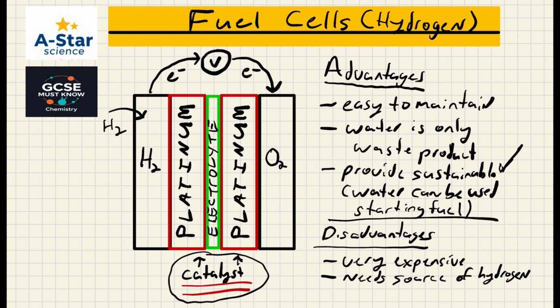So the fact that it needs a source of hydrogen is another disadvantage. And finally, hydrogen is very flammable and can be quite explosive. So that is also a danger of having hydrogen as a fuel supply for fuel cells, and that can be one of the disadvantages as well.